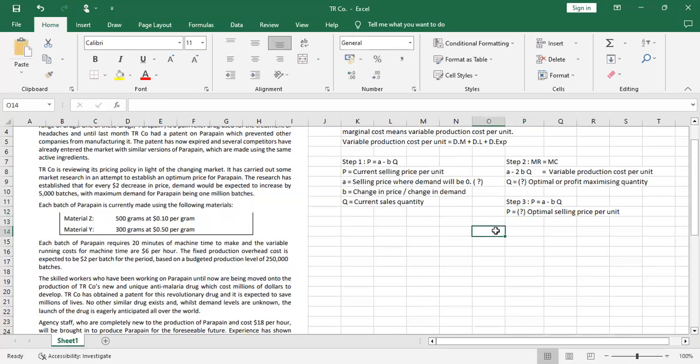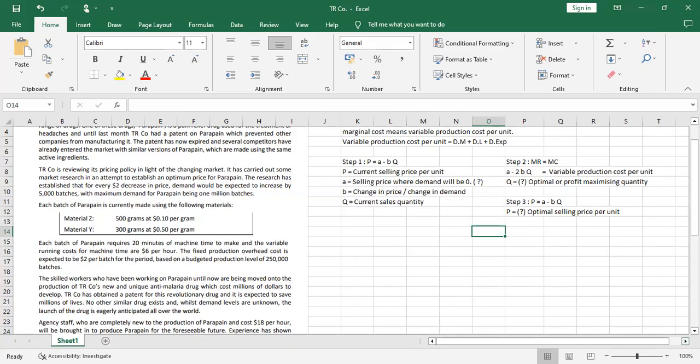So this is the main concept of MR is equal to MC or profit maximization, where you will follow these three steps and then you can calculate your optimal selling price or optimal quantity. Any question related to these three steps?